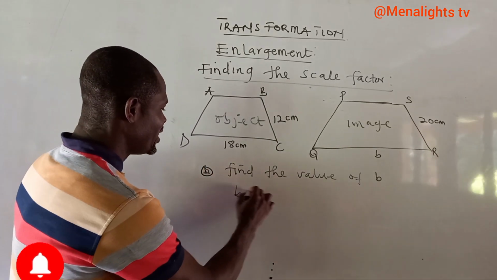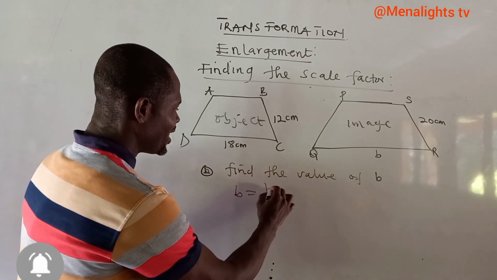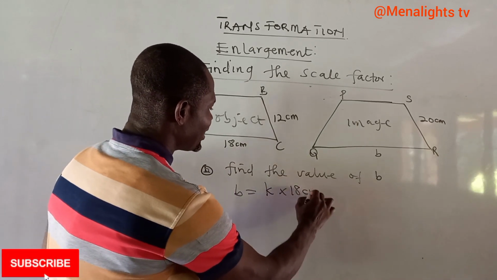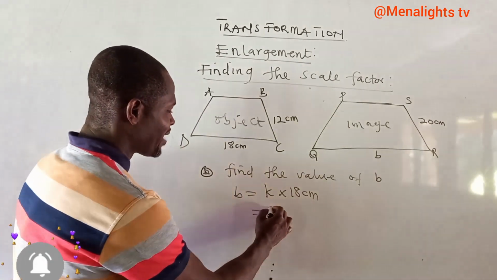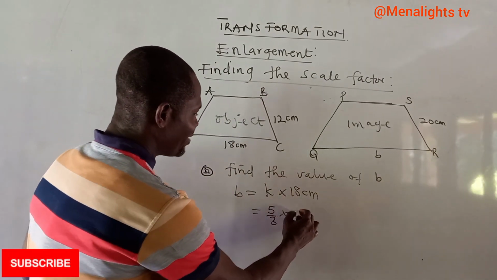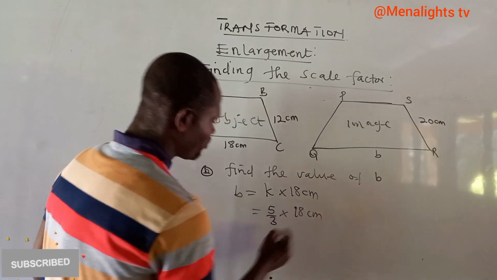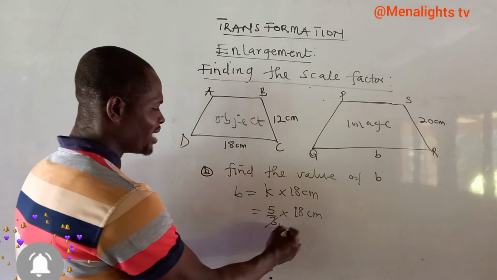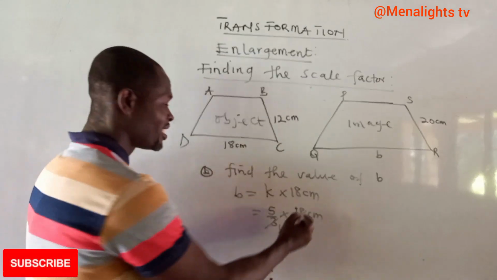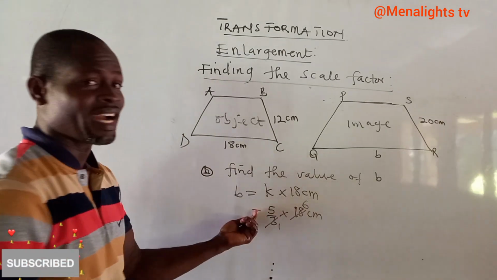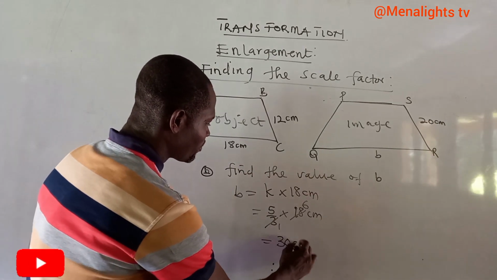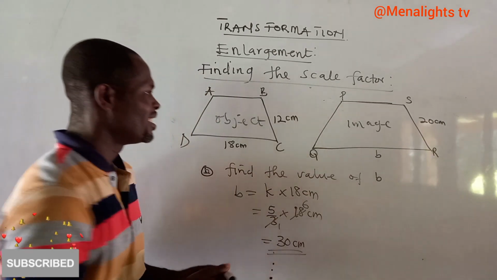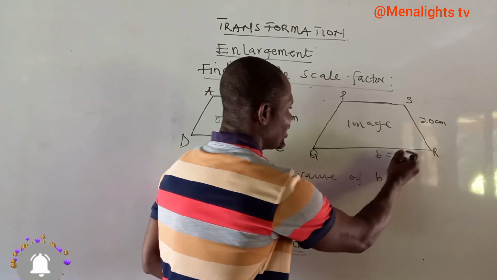So B is equal to K times 18 centimeters, and the K here is the scale factor. So it is 5 over 3 times 18 centimeters. 3 goes into 3 one time and into 18 six times. So 6 times 5 gives us 30 centimeters, which means that the distance B here is 30 centimeters.